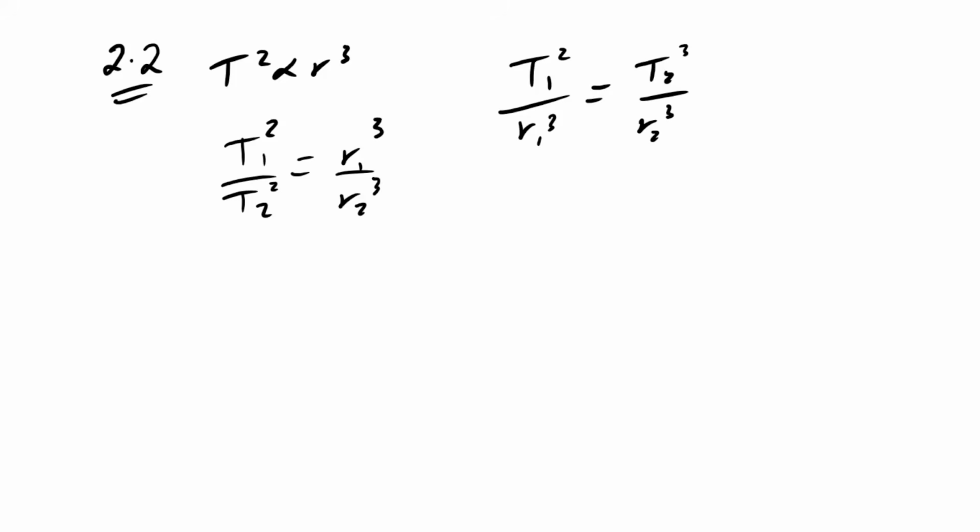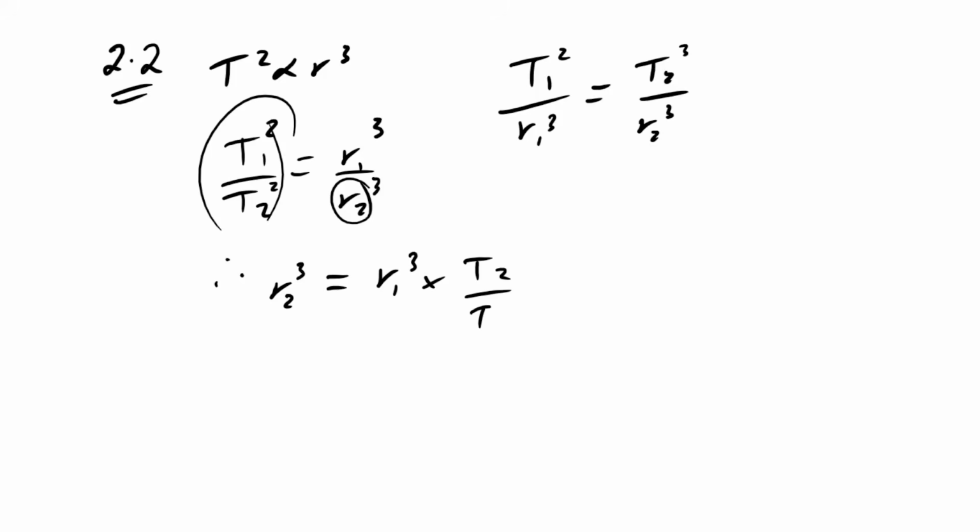So we're looking for the radius of this. So let's rearrange to find r2 cubed. So we end up with r1 cubed divided by this ratio here, or we could times by the reciprocal of it. So let's do that, times T2 over T1, and I'm going to square that all together as well.